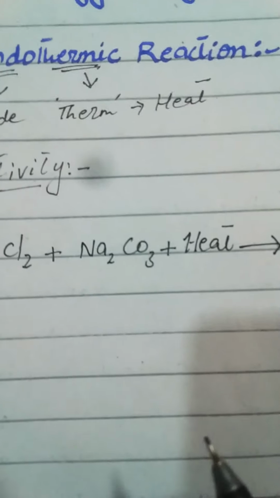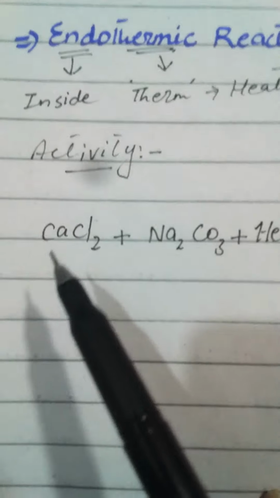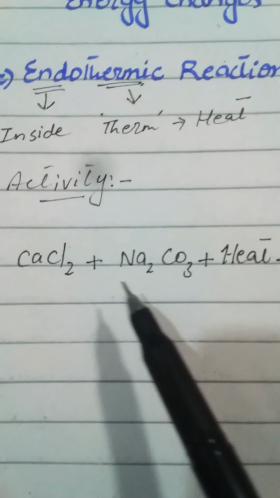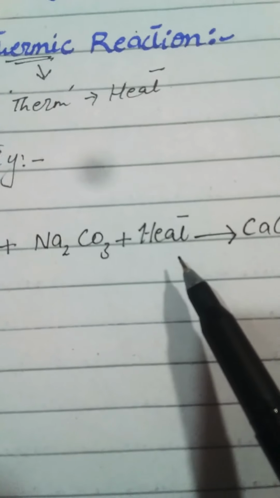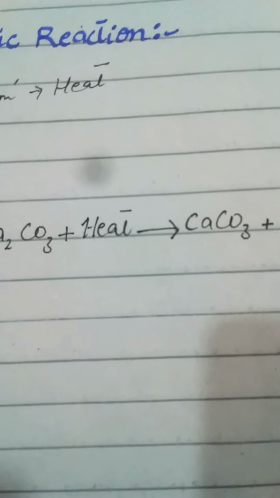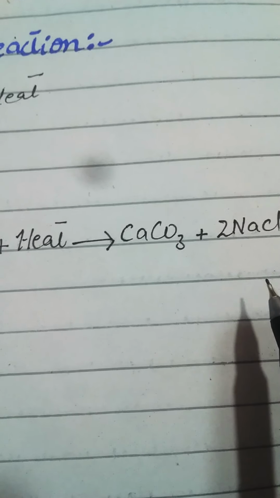Okay, as this reaction happened by taking the heat from the surroundings, the calcium chloride reacts with the sodium carbonate solution in the presence of the heat, and it was transformed into calcium carbonate and it formed sodium chloride.